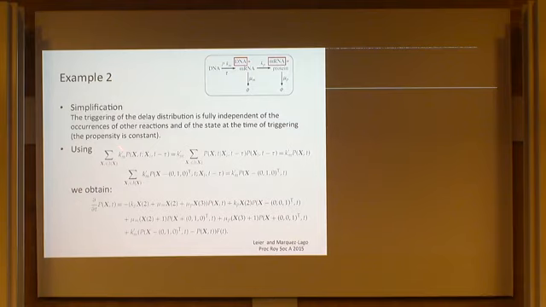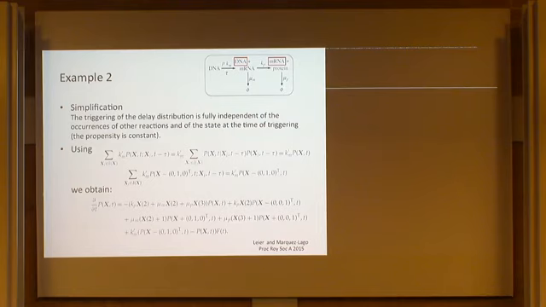If we assume we have a constant delay, then in this case we can write this in product form, and this reduces further to this term. We have to do this twice: when leaving a certain state, as well as for the terms describing the probability of entering a state. Then we can replace those terms in our delay chemical master equation and get this much nicer form, which we can then also solve numerically.